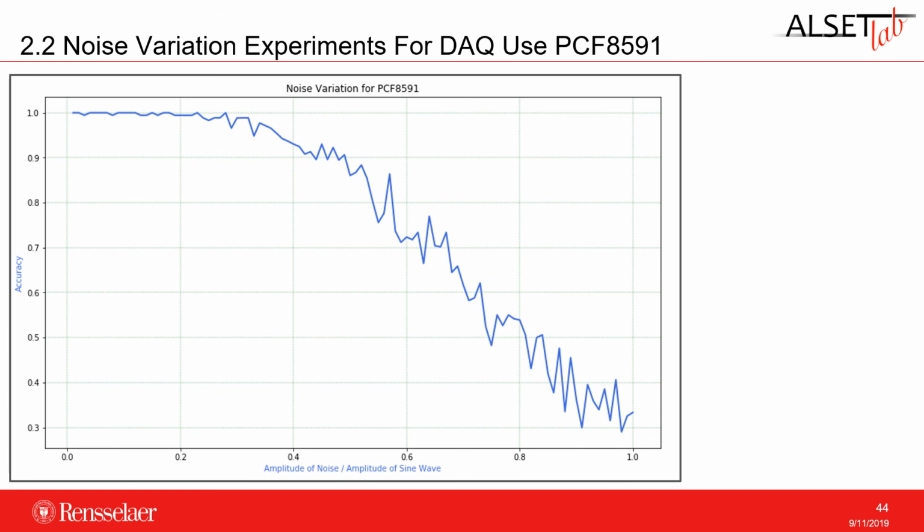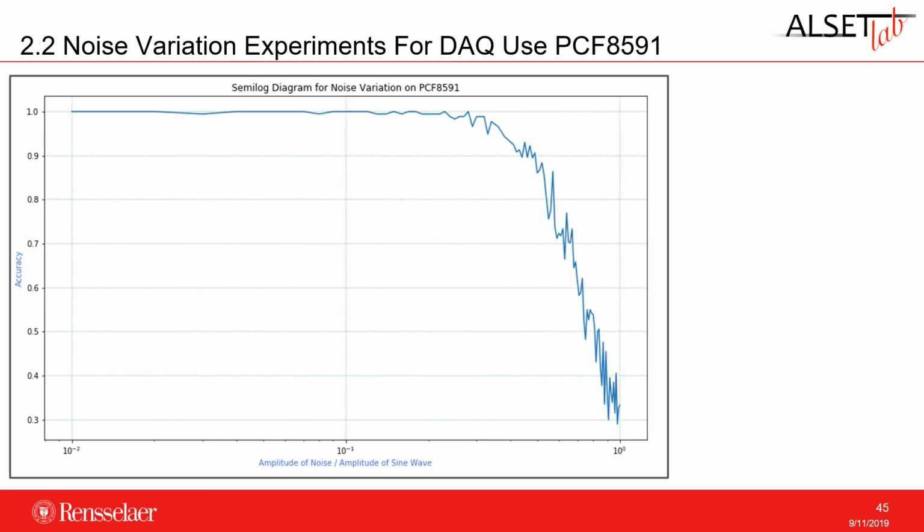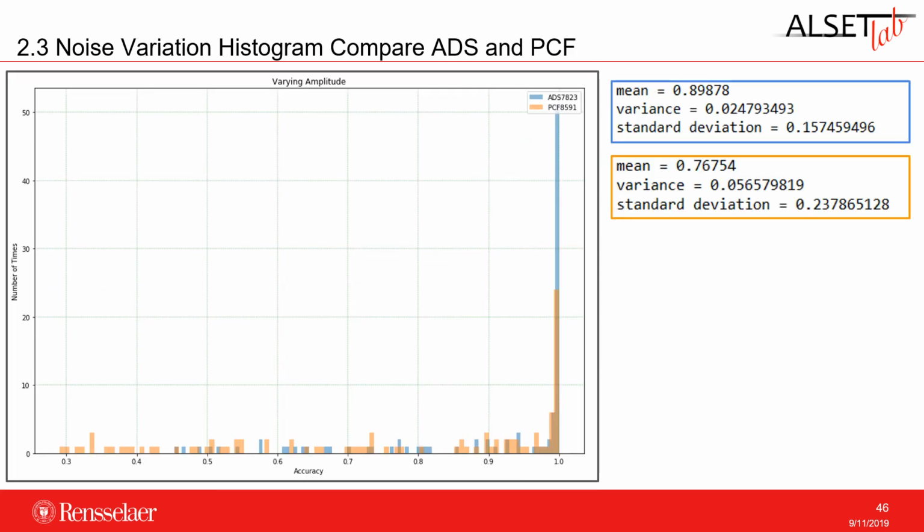And this is the noise variation experiment for the data acquisition method using PCF8591. And this is the semi-log diagram for that experiment. So again, we compare the performance of ADS and PCF, and we draw the histogram and calculate the mean, variance, and standard deviation.